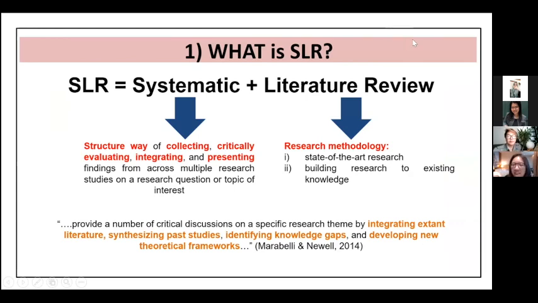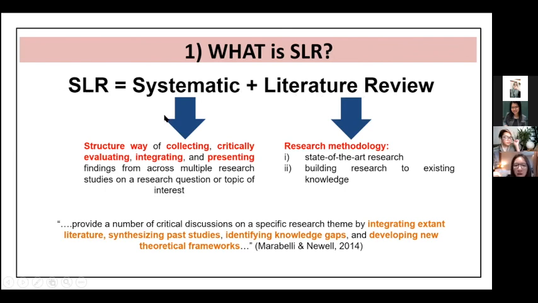Okay, good. Let's move to the first session. What is SLR? When we break the word down, the word SLR can actually be divided into 2 phrases: the word systematic, and also literature review. All these words combined is what we call systematic literature review, and the short form here is SLR.